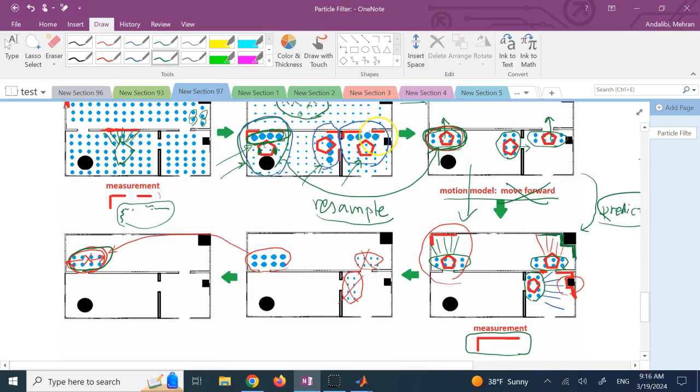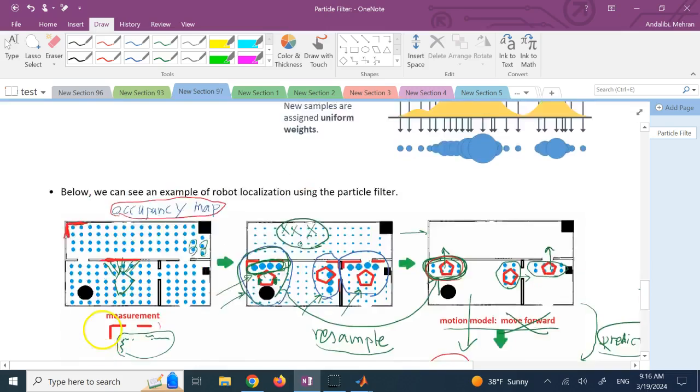Why? Because I'm losing the weights of the previous step while the robot has not moved to give me a new measurement. There is no new measurement, there is no motion, so resampling should not be done.